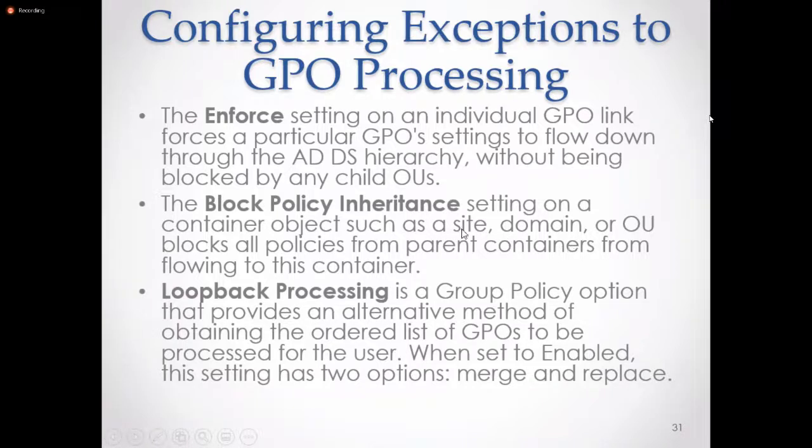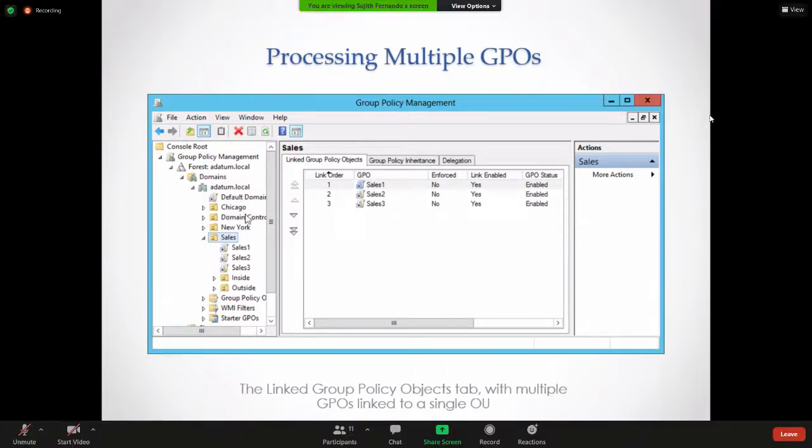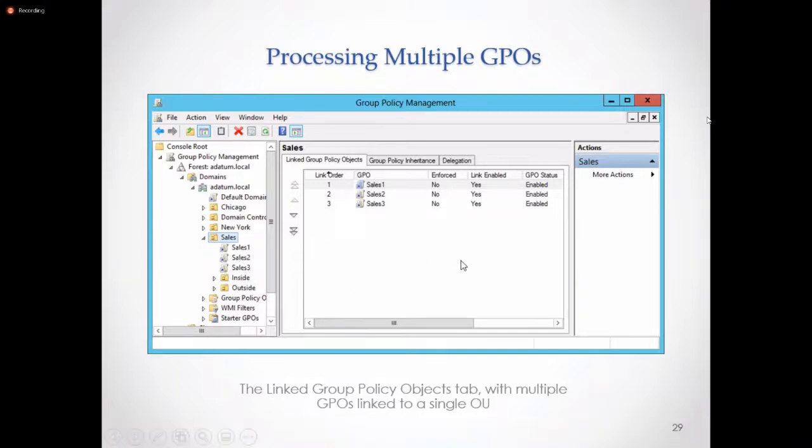But if enforce is given, that will apply to all the child objects, and the child objects cannot change that. If you put block policy inheritance, that will stop the policies from inheriting from the parent, right? So if you block inheritance from this level, the top level GPOs will not be applied by inheritance to the child object.